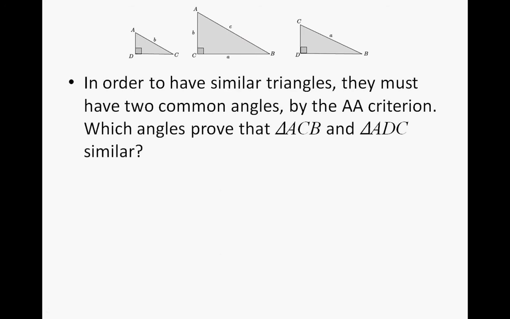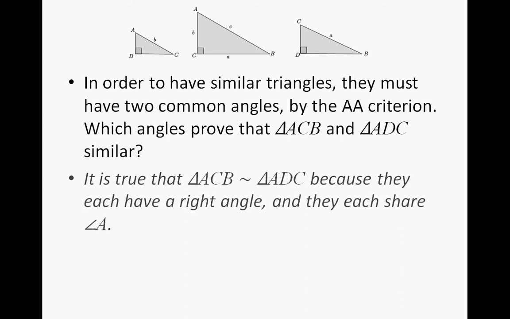So in order to have similar triangles, they must have two common angles, and by the AA criterion, which angles prove that ACB and ADC are similar? Well, it is true that ACB is similar to ADC because they each have a right angle and they share angle A. We don't have to do any figuring. We can just see that these two share an angle A, which should be the same because the transformation preserves angle degrees, and the right angle is the same.